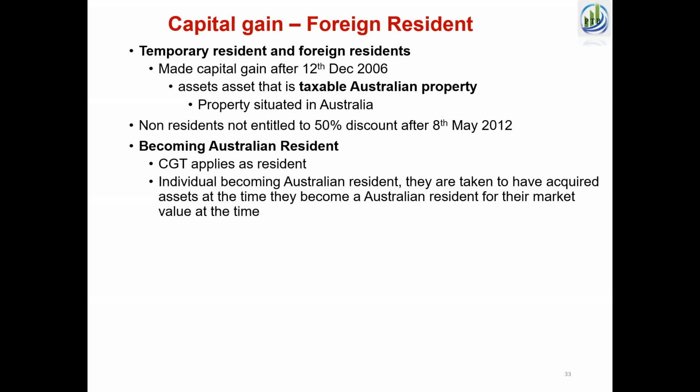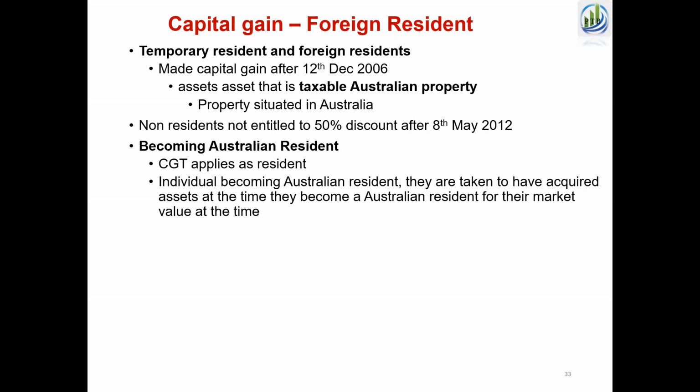So when we calculate the capital gain, we ignore the original cost base and the date he purchased. We're going to look at the value of the property when he got Australian residency, 1st of January 2020. So the client should go and ask a valuer in that country and get the valuation.